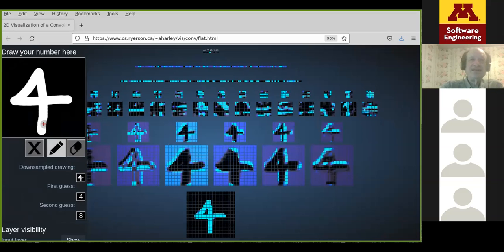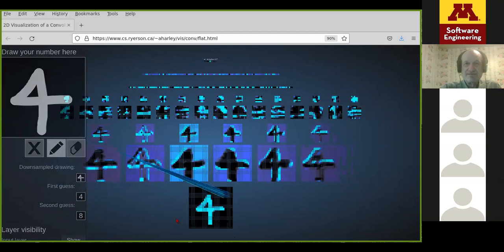You can see that this is already showing one of the big issues with neural networks in general, which is that they tend to be brittle.